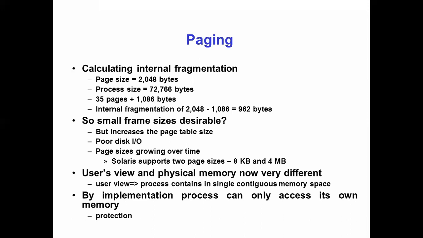Then how will we calculate the internal fragmentation? Fragmentation means the part which is left after the occupation of a number of processes inside the memory. So there are some spaces, or we can say small holes or parts, which are left by the number of programs in the RAM or main memory.